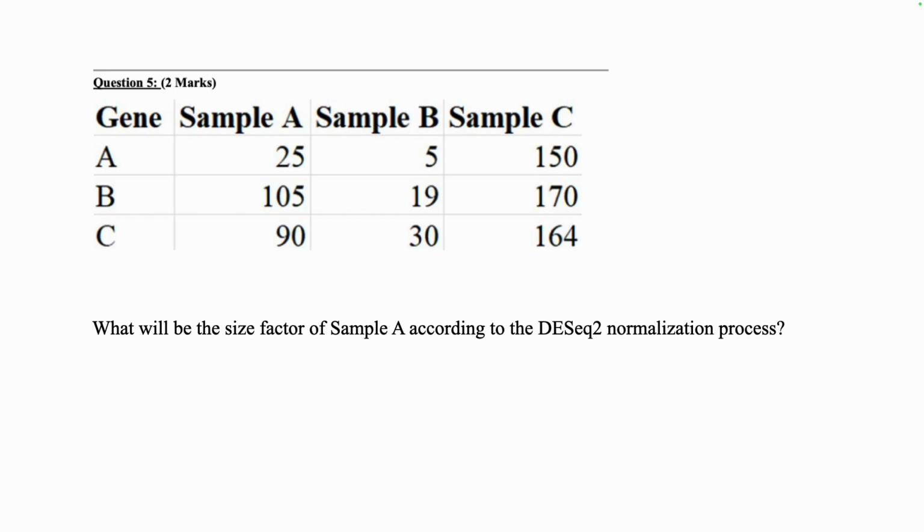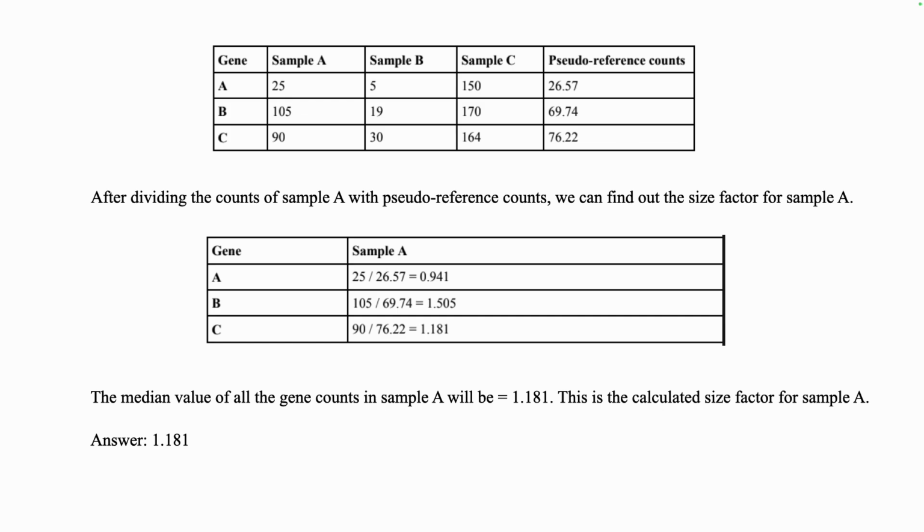Okay, let's look into the concept for this question. For DE-seq2 normalization, we calculate the pseudo reference count. And how do we calculate the pseudo reference? We take the geometric mean of the read counts from each sample for a particular gene.